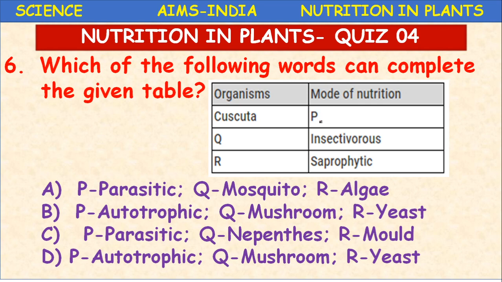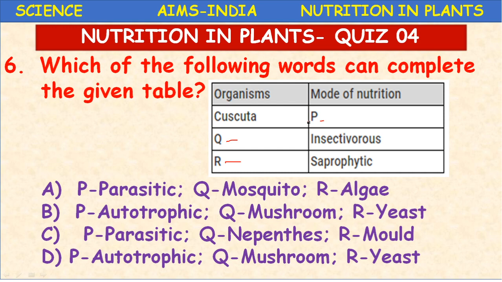What is P and what is Q and what is R? Here Cuscuta, and the mode of nutrition is given, and for Q and R, what are the organisms, the examples?